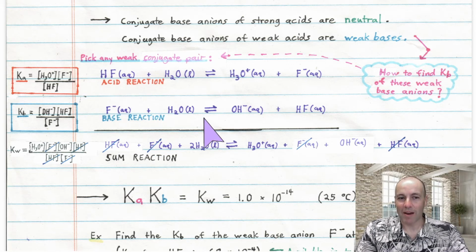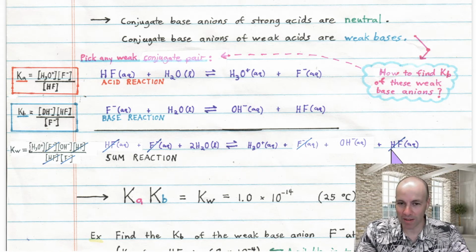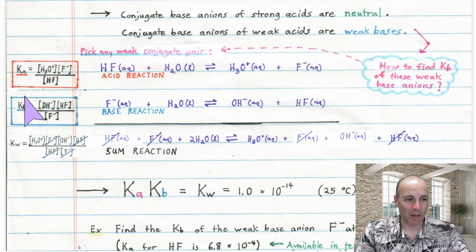When you add two reactions, the equilibrium constant of the sum reaction is the product of the two equilibrium constants that you're adding. And so the equilibrium constant for this reaction, which we see as the autoionization of water, which is Kw, must be Ka times Kb. So a couple of ways to see the relation between Ka and Kb and Kw.